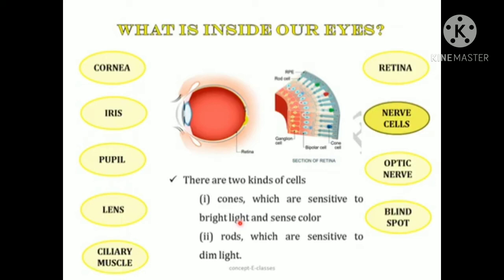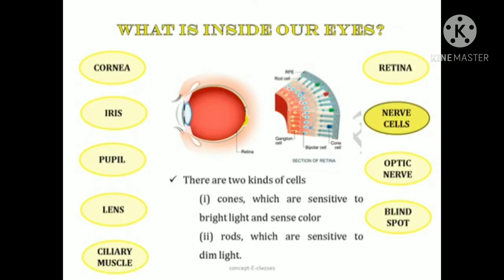Cones and rods have different functions. Cones help the eyes find different colors, and rods help focus on objects in dim light.